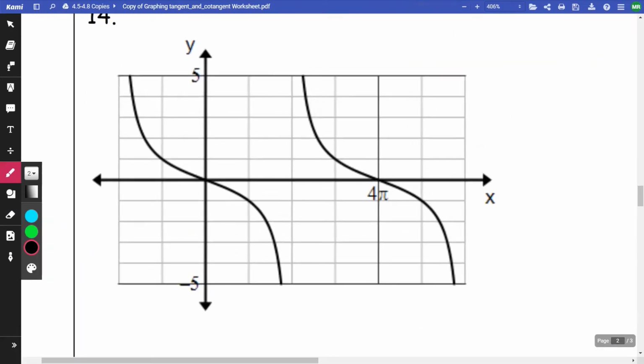On 14, again, let me just kind of find my asymptotes here. So it looks like I have one here. It looks like I have one here. And here.